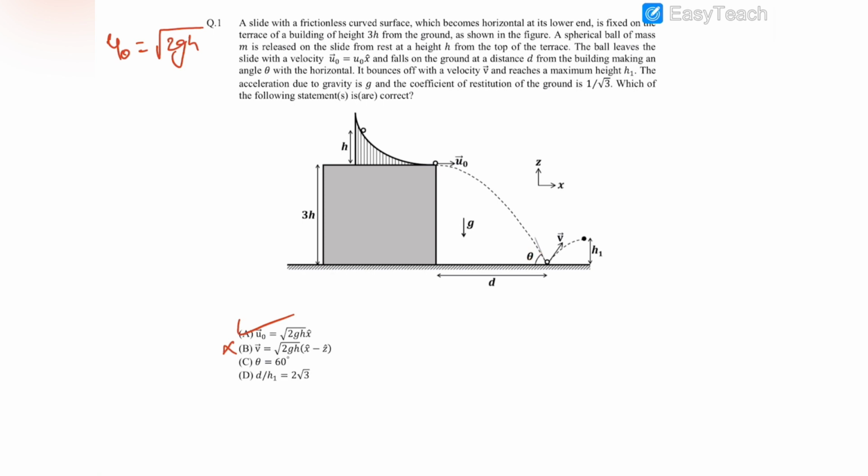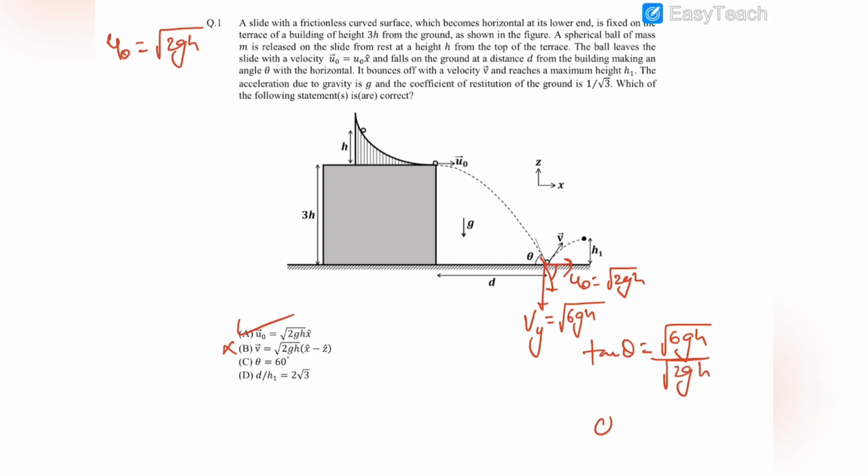Now, this angle theta: when this ball strikes the ground, the velocity of the ball in the y direction would be under root 2g into 3h, which is root 6gh, and in the x direction it would be under root 2gh. So tan theta would be equal to under root 6gh upon under root 2gh, so theta would be equal to 60 degrees.